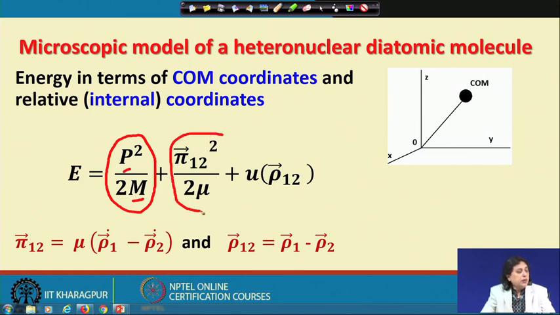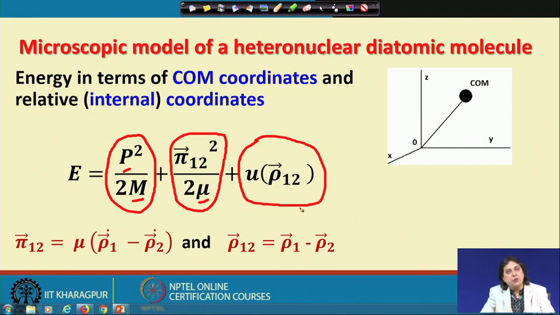This term corresponds to the kinetic energy of a body whose mass is mu and which is moving with a momentum of pi 12, and this one is an interaction term, a potential energy term between atoms 1 and 2, which depends only on the vector separating the two atoms.